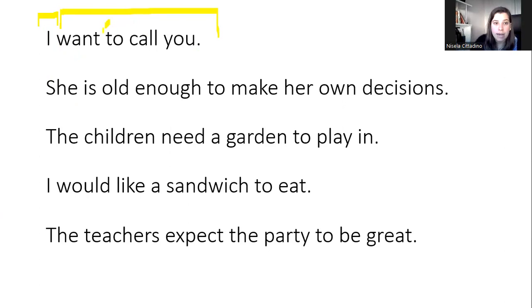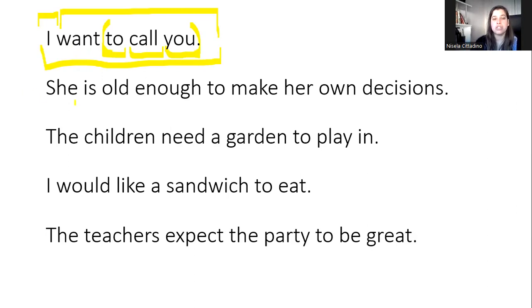Well, it comes after the word to. This will be important because you are going to analyze the sentence as a whole, but then you are going to analyze this clause inside, and each word will have a different function. But first, I want to show you how to split them.